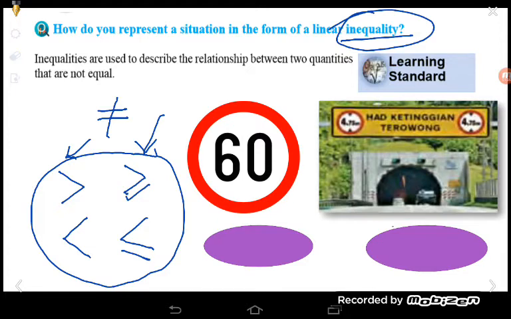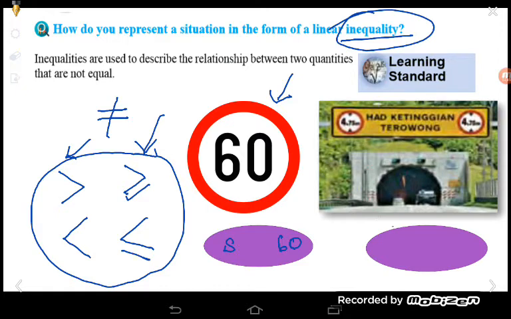So class, when you see this sign on the road signboard, what do you understand by that? Yeah, this is the speed limit. When you drive a car, you can only drive 60 kilometers per hour. If let's say the speed is S, what inequality do you write here?